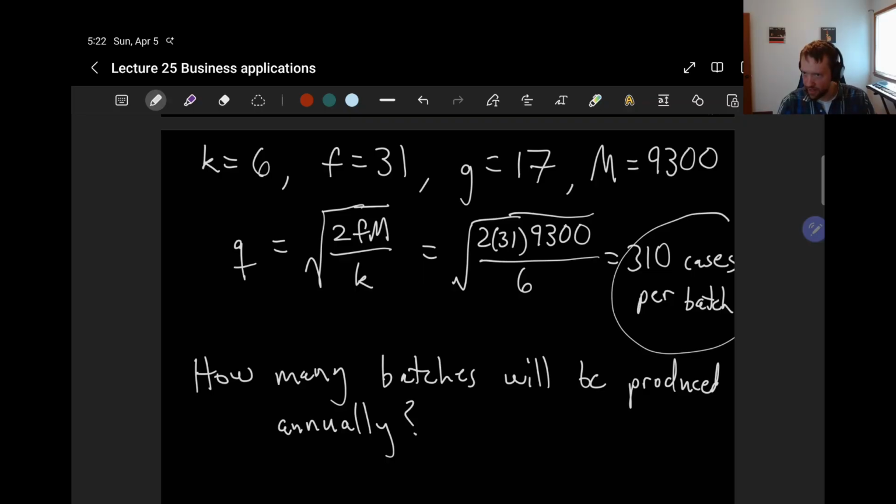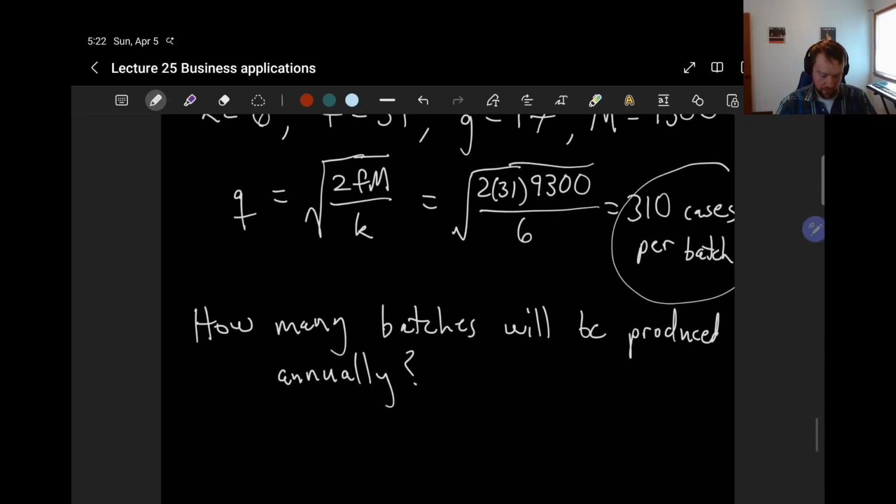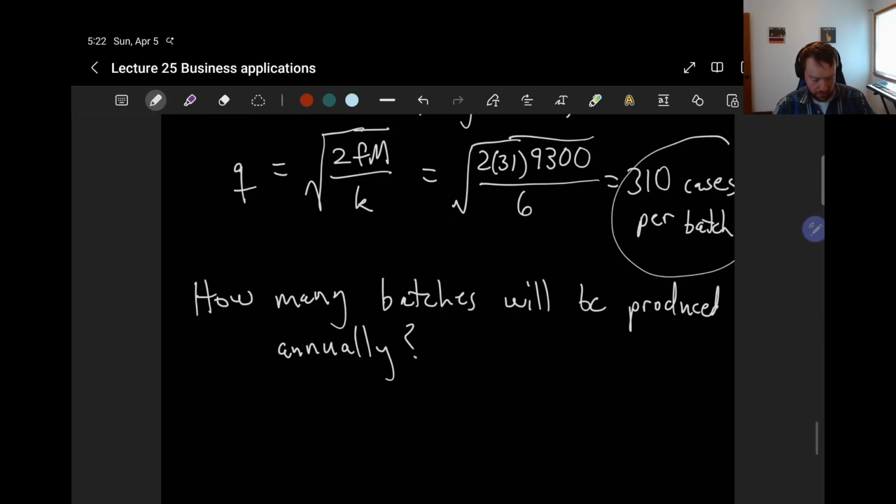Very closely related to Q, just not quite the same thing. And actually, I kind of mentioned this before in that big setup I was doing. This is that M over Q number. This is how many cases of honey I'm making overall in a year, divided by the number of cases that are in each batch. That will lead you to the number of batches that we make in the year.